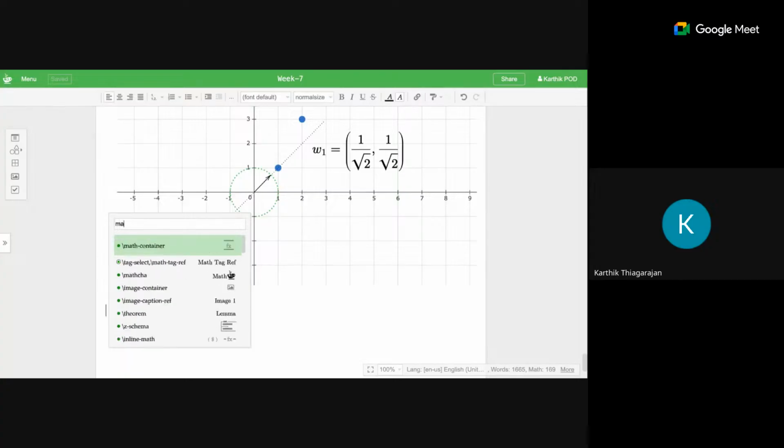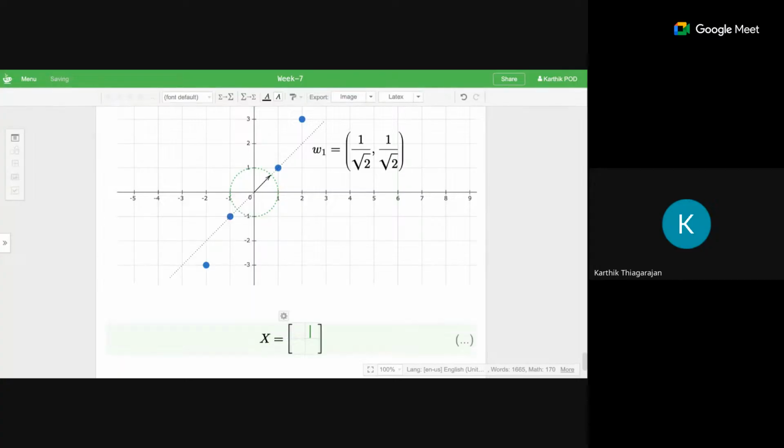So what was this data set, by the way? This was the original data set: 1, 1, 2, 3, -1, -1, and -2, -3, right?